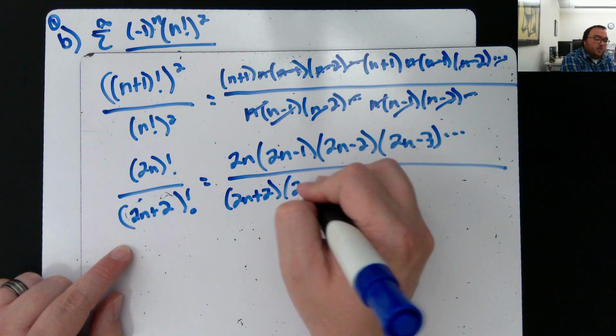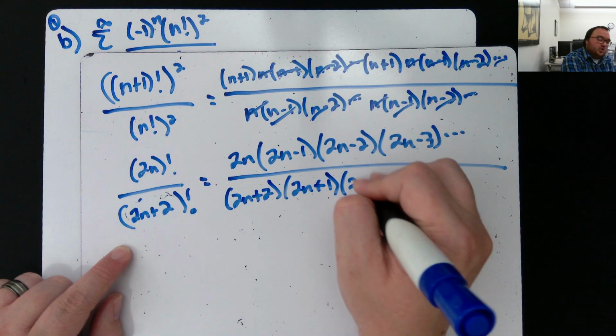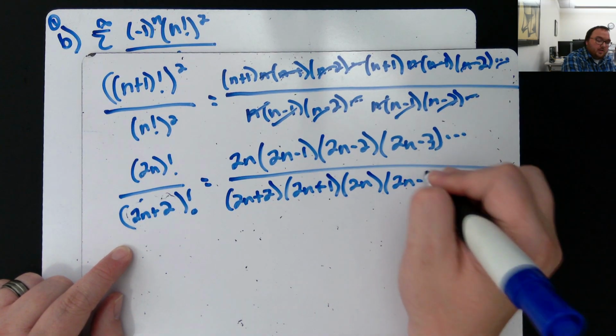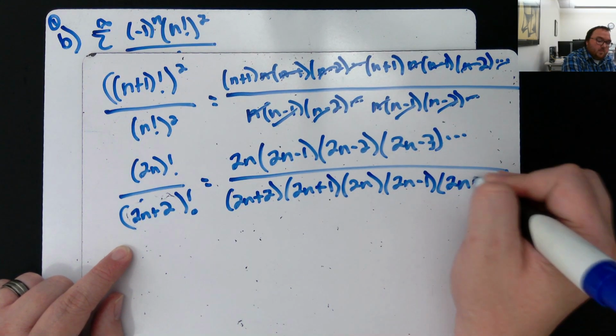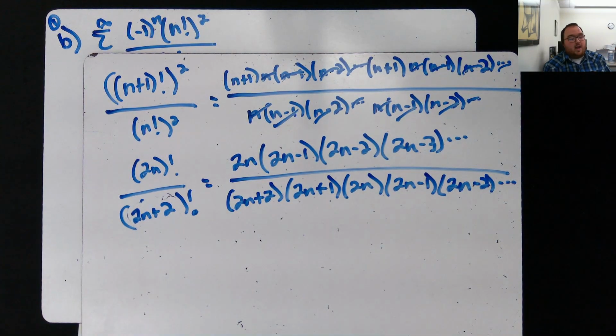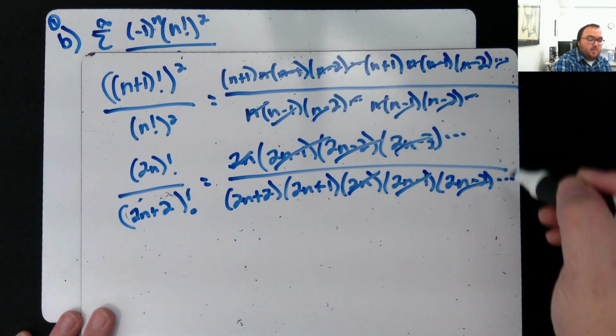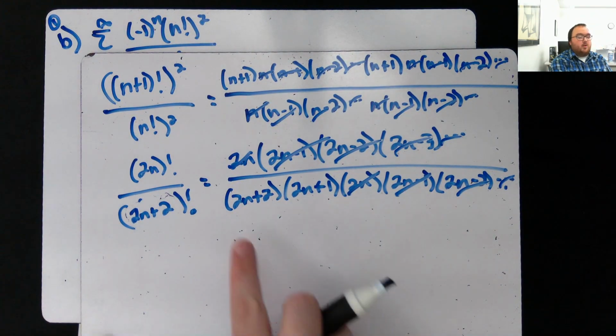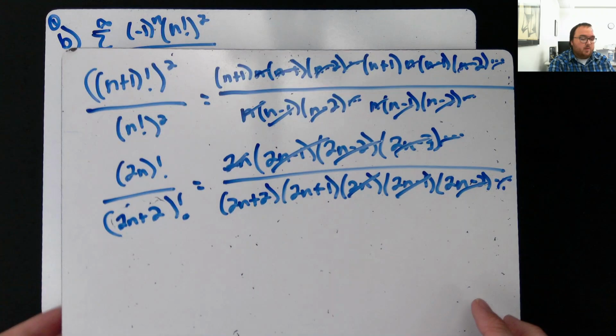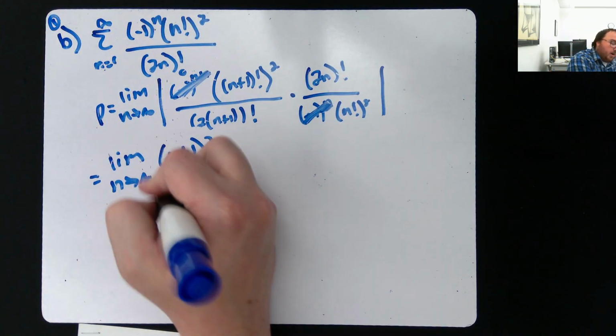Minus 1 gives us 2n+1. Minus 1 gives us 2n. Minus 1 gives us 2n-1. Minus another one is 2n-2, on and on. So what happens there? Cancel out 2n, 2n-1, 2n-2, 2n-3, on and on. So I'm left with (2n+2) times (2n+1) on the bottom.